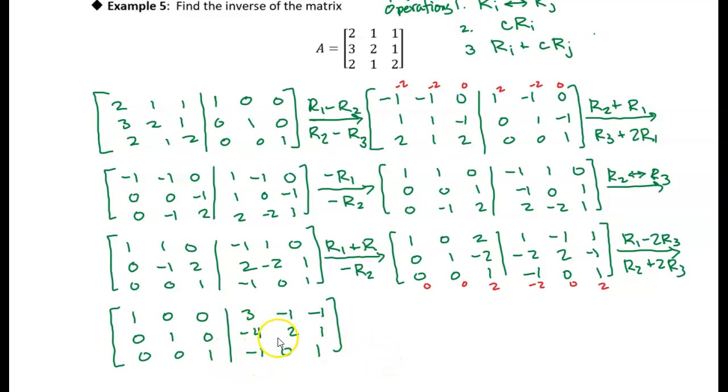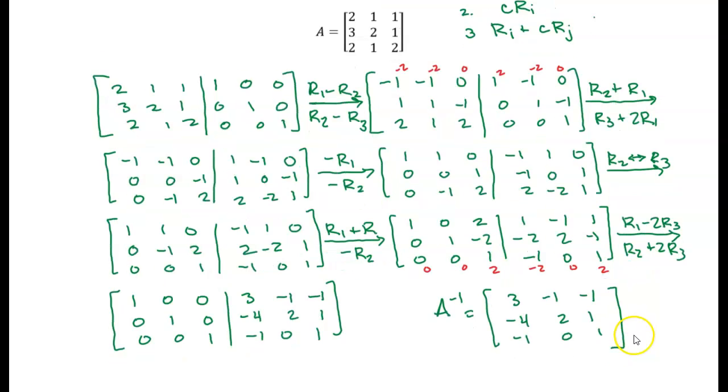And lo and behold, we have a matrix that looks like an identity matrix on the left, and now we have a new matrix on the right, and that is our inverse. So A inverse is equal to 3, negative 1, negative 1, negative 4, 2, 1, negative 1, 0, 1.